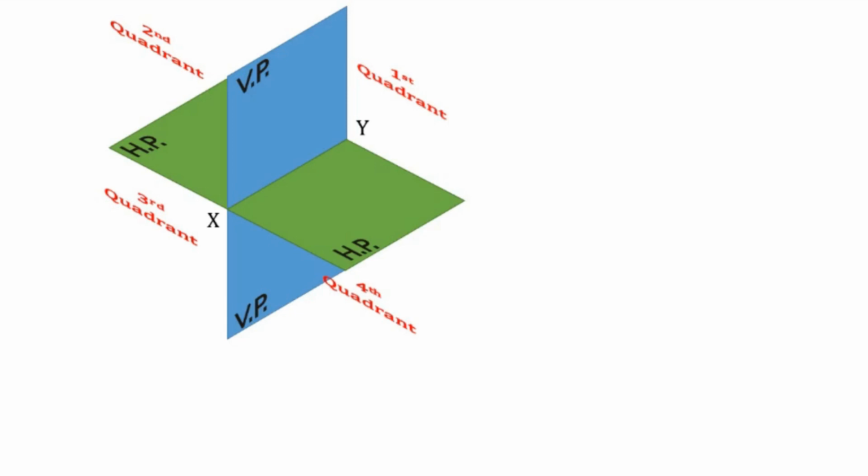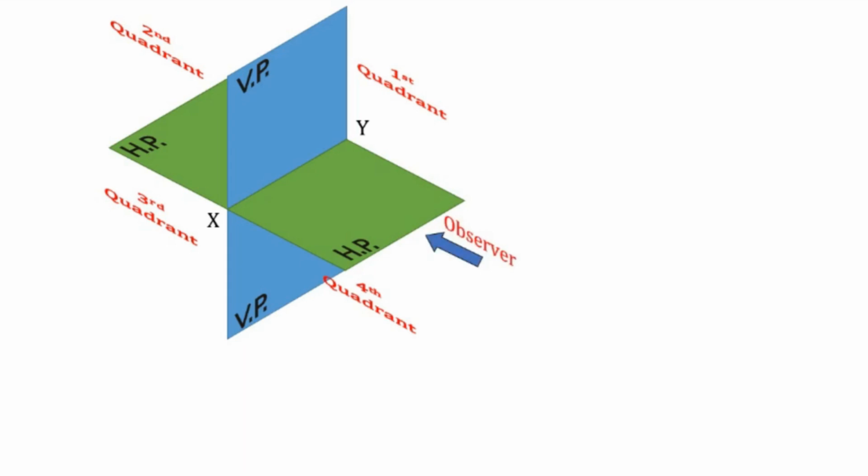That is, the third quadrant is below the HP and behind the VP. Below the HP means below the floor in which we are sitting, and behind the vertical plane, or the vertical wall to which we are facing. So that is the third quadrant.